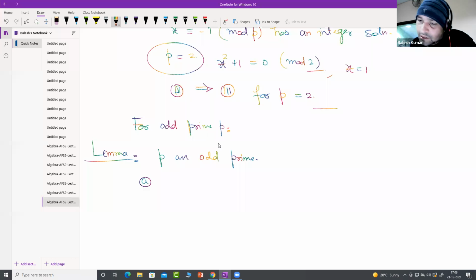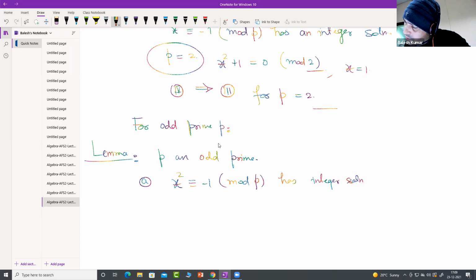If you look at the congruence x square congruent to minus 1 mod p, this has an integer solution, let's say a, if and only if a bar is an element of order 4.